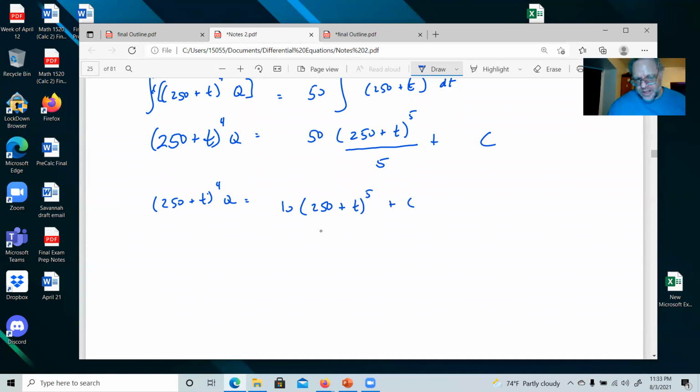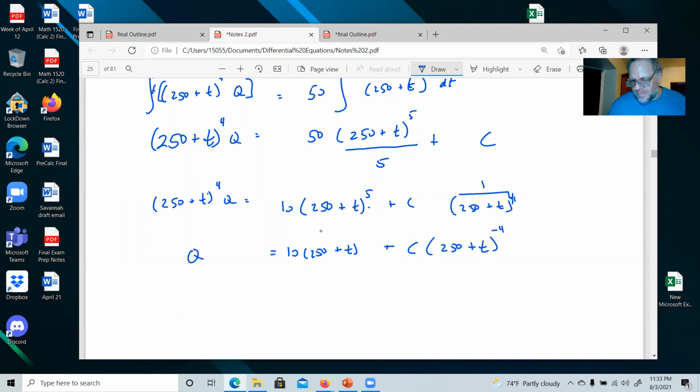Divide both sides, or multiply by 250 plus t raised to the negative 4th power. So what happens? We have 10 times 250 plus t, because we have 5 here and 4 here, plus c, and then we have 250 plus t raised to the negative 4th.